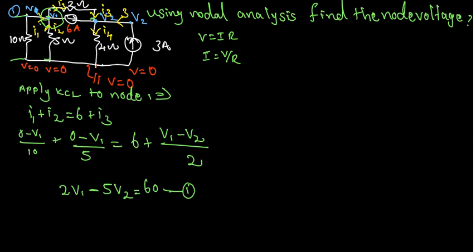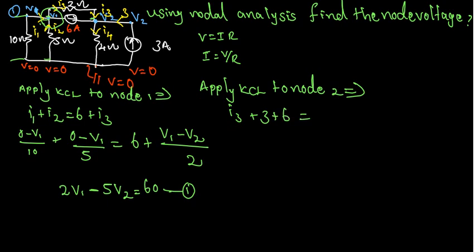So I put KCL at node 2. Apply KCL to node 2. Here incoming currents are equal to outgoing currents. The incoming currents are I3 plus 3 amps plus 6 amps, equal to I4.